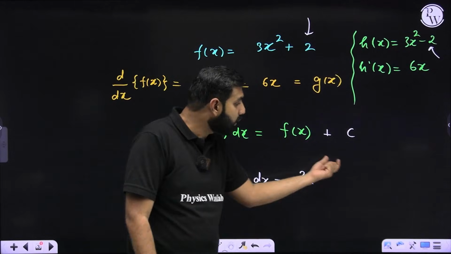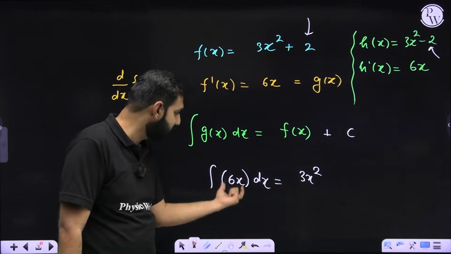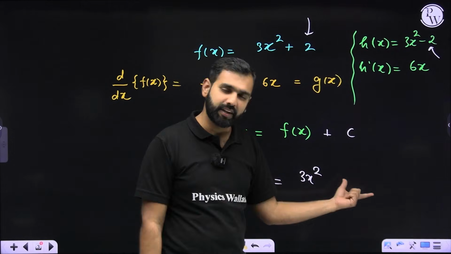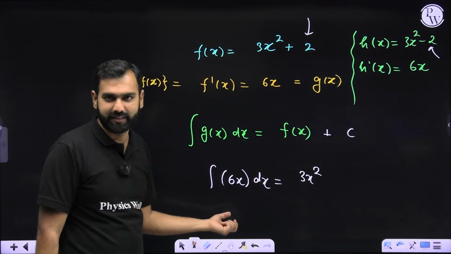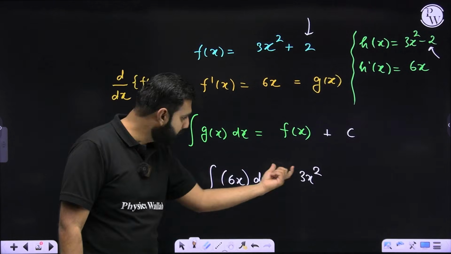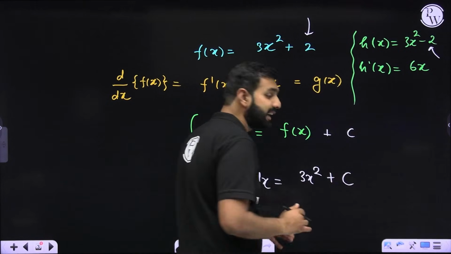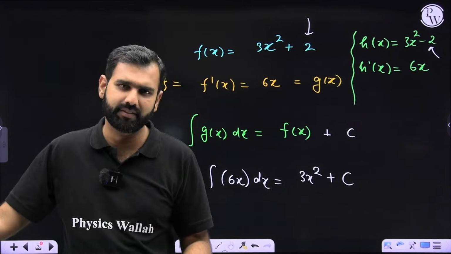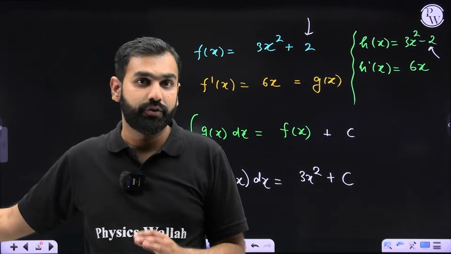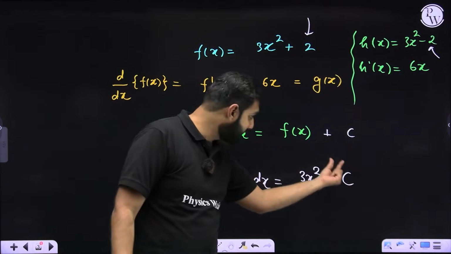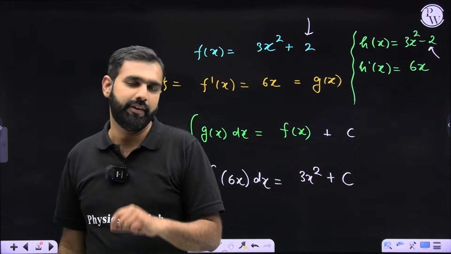But 3x squared plus 2 also has its derivative as 6x. 3x squared minus 3 also has a derivative as 6x. So the integration of 6x would be 3x squared for sure, but plus some constant. That constant we don't know. It could be plus 0, plus 3, minus 2, anything. So did you get that part? And because of the c only, we call it indefinite integration.